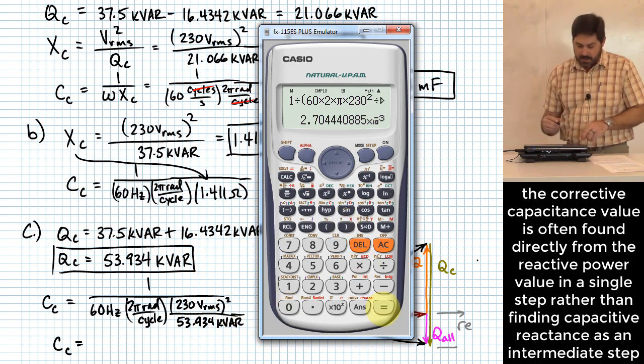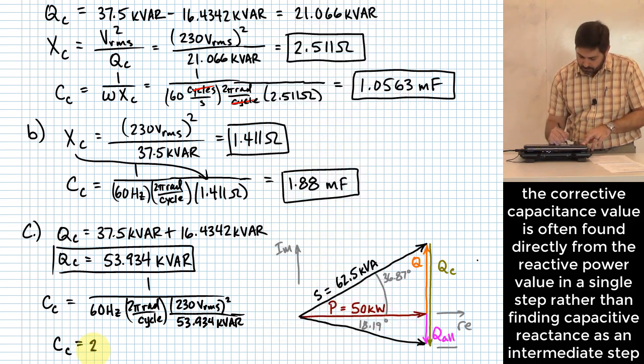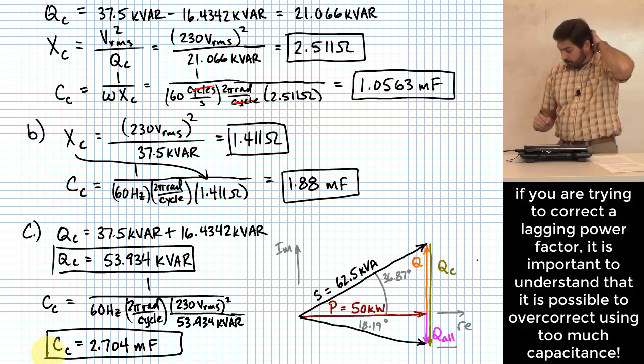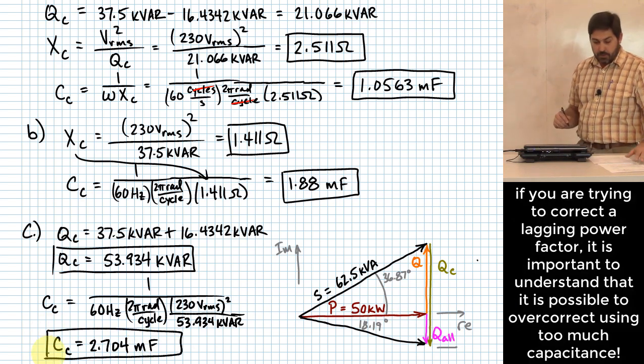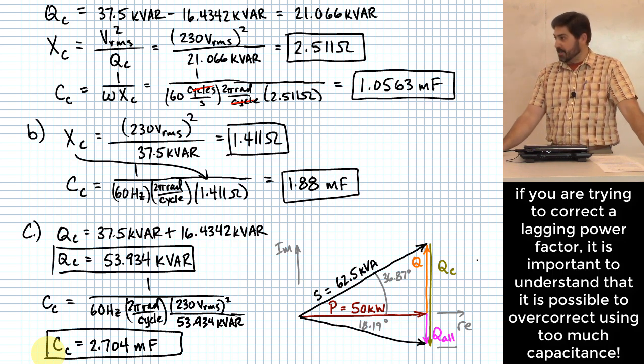That gives me a capacitor value of 2.704 millifarads. A way to interpret that is, when you are trying to do this power factor correction, you don't want to plug in a capacitor that has more than 2.704 millifarads, or else you are going to be back in trouble with the power company.